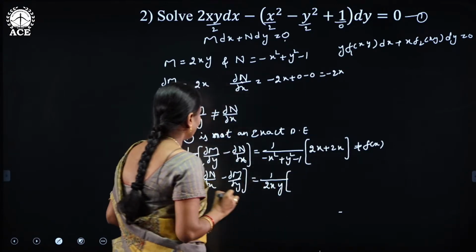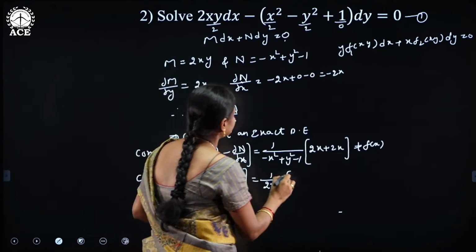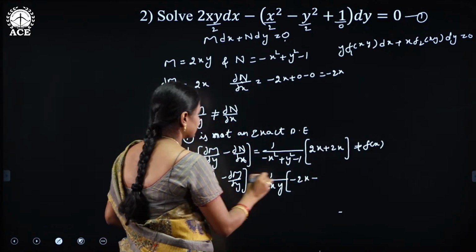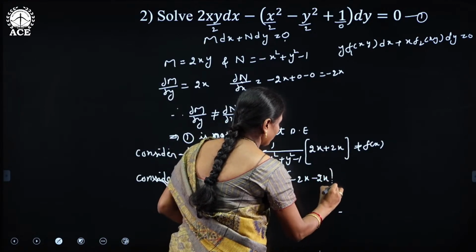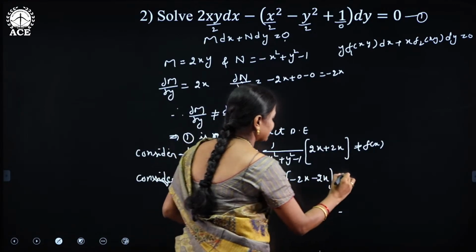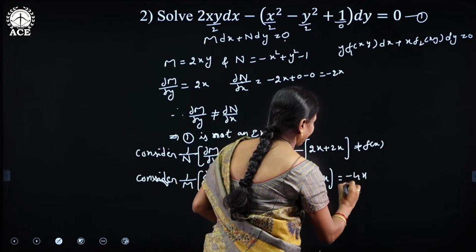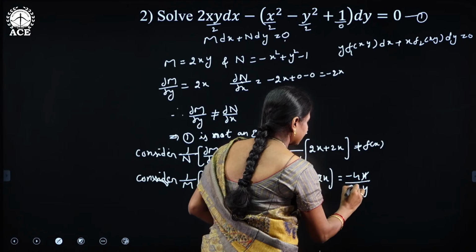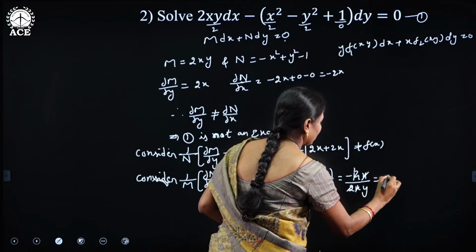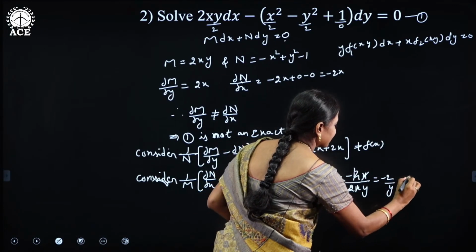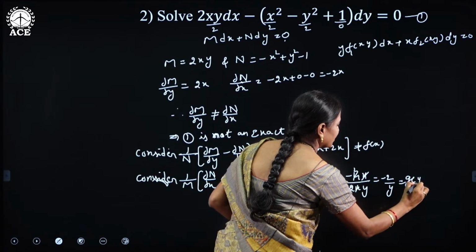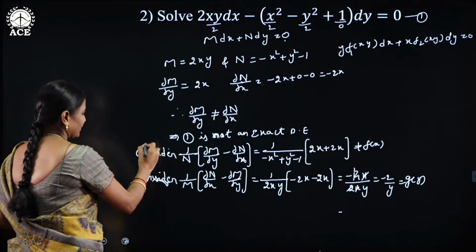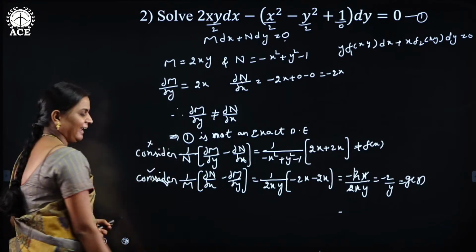Dou N by dou x is equal to minus 2x, minus dou M by dou y which is also 2x, so it is minus 2x minus 2x, minus 4x, by 2xy. So x gets cancelled, 2 by 2, that is equal to minus 2 by y, which is a single variable function g of y. Let us consider that as g of y. So the first case fails and the second case exists.